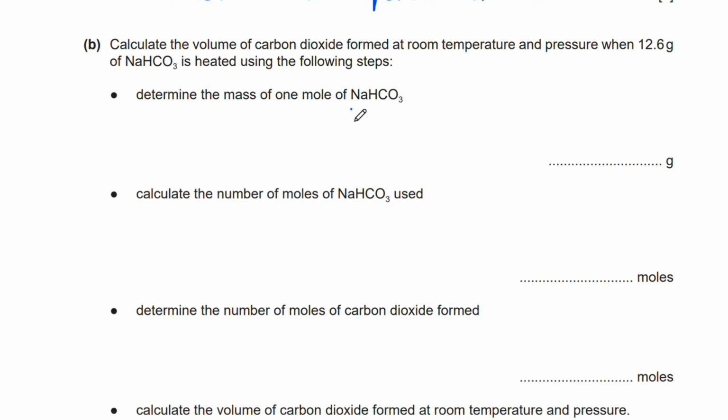So Na is 23, hydrogen is 1, carbon is 12, and there are 3 oxygens, so 16 times 3. Substituting this in the calculator, you get 84 grams. So the mass of 1 mole of sodium hydrogen carbonate is 84 grams.